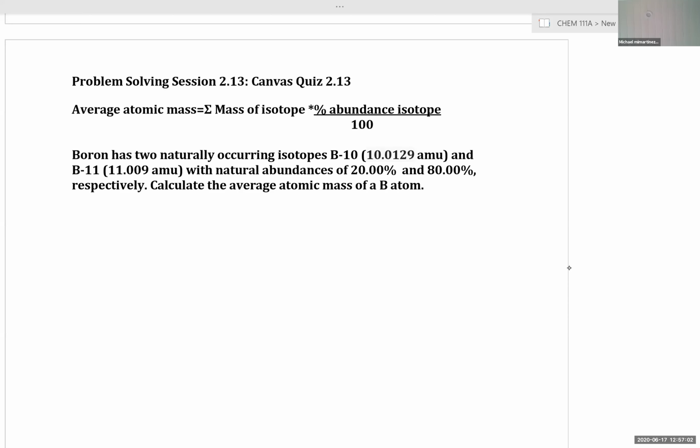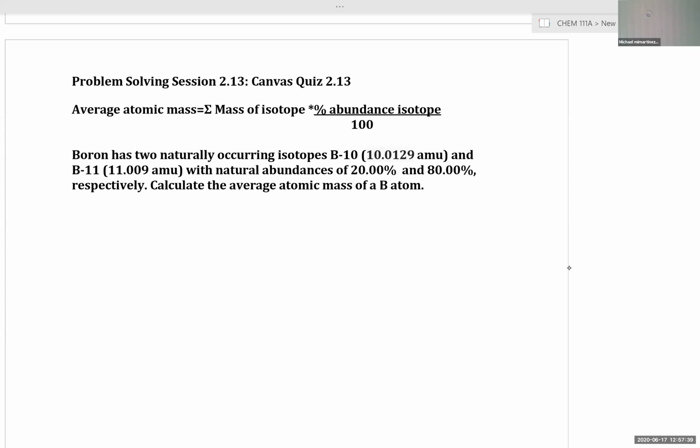Perfect. You round based on the sig figs of your percent abundance and the sig figs of your average atomic mass.